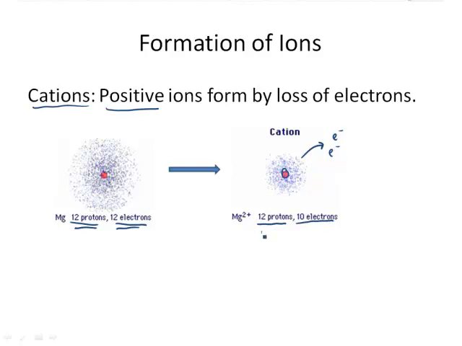So now you have in the nucleus 12 positive charges, and in the electron cloud, you have 10 negative charges. So the positive charges outweigh the negative charges, and you have a total 2 plus charge. And so that ion has a 2 plus charge, and we write that as a superscript following the element symbol.